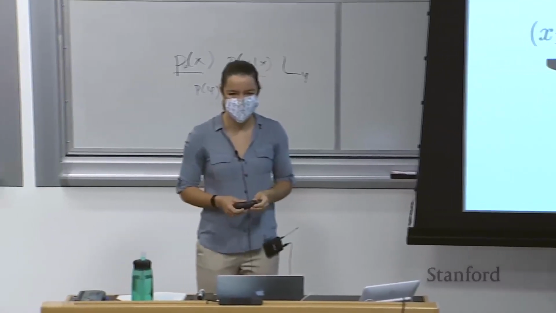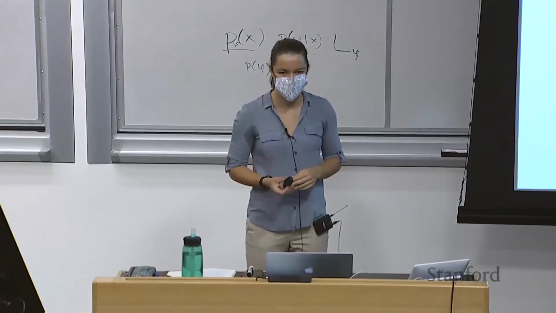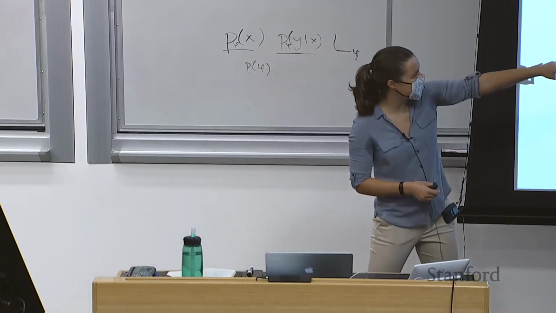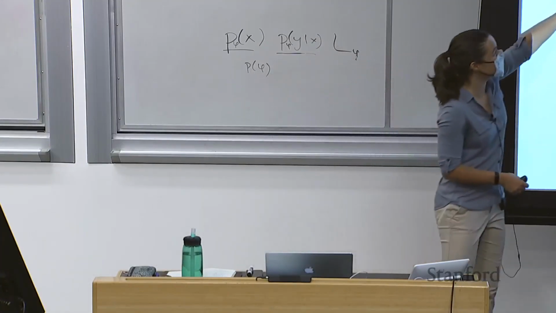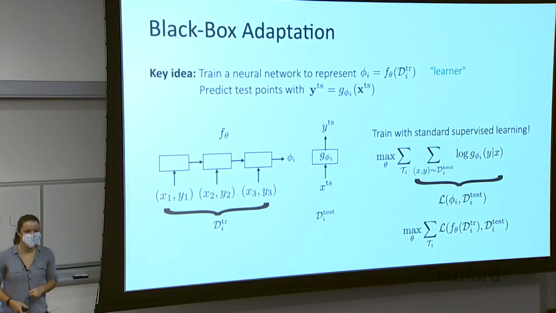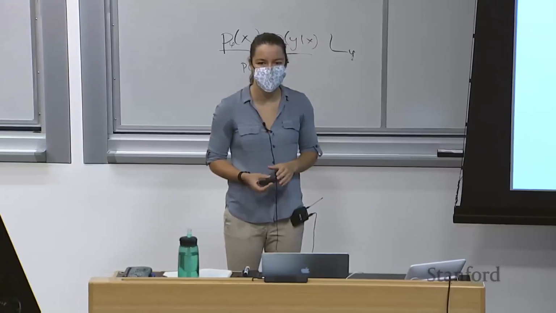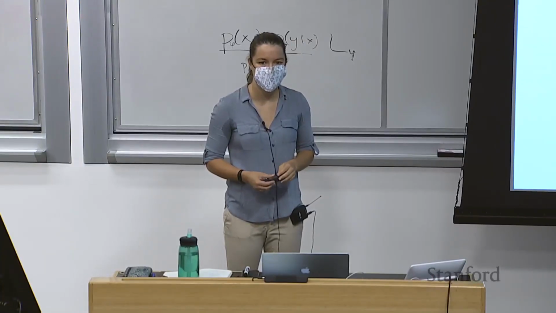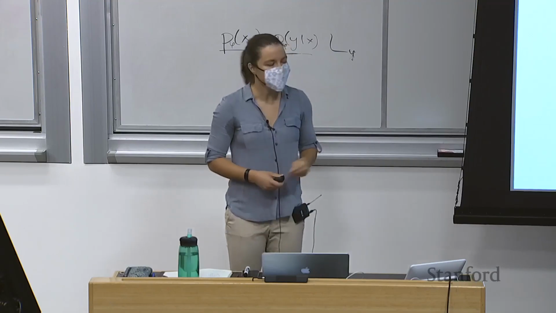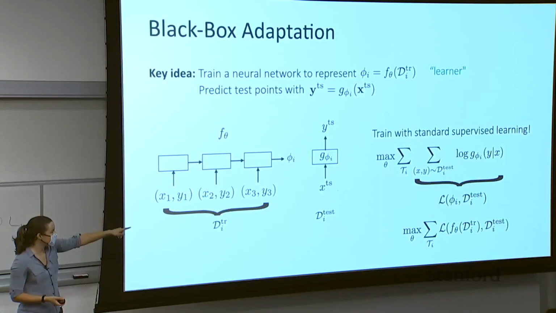So are you only directly optimizing theta here? Yeah, exactly. As you can see in the optimization, this is optimizing the weights of this network here, and you're not actually optimizing phi. So is this maximizing the log likelihood? Yeah, this is showing maximizing the log likelihood.